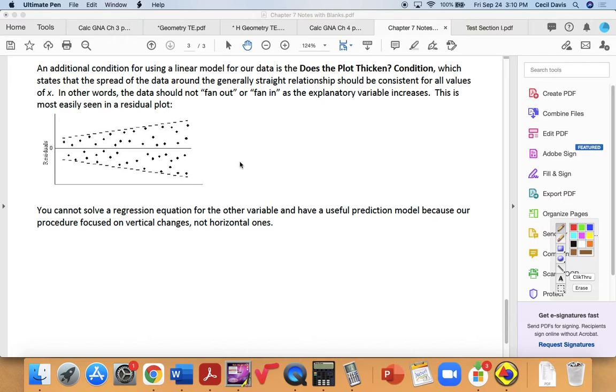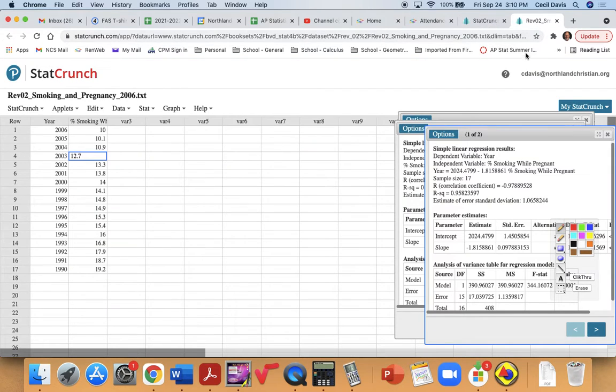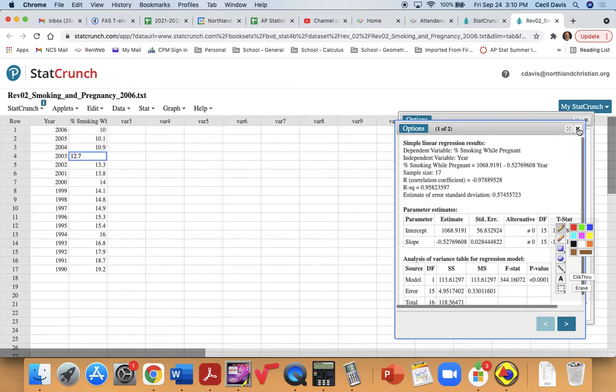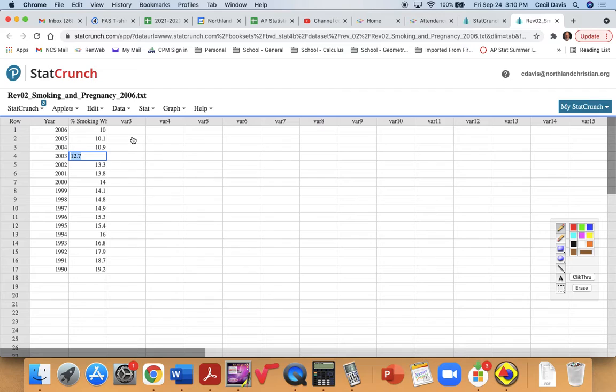Okay, and one of the things that you can do in StatCrunch is you can keep the residuals after doing a line of best fit. Let me see, do I have one up here? Yep. All right, so I'll show you how it works. Let's say I want to make a scatter plot for this particular one.